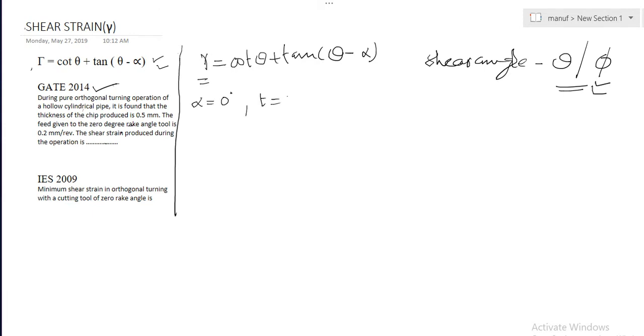Now there is one twist. In case of turning, we can write the uncut chip thickness as f sin lambda, and this lambda equal to 90 degree in case of orthogonal turning.